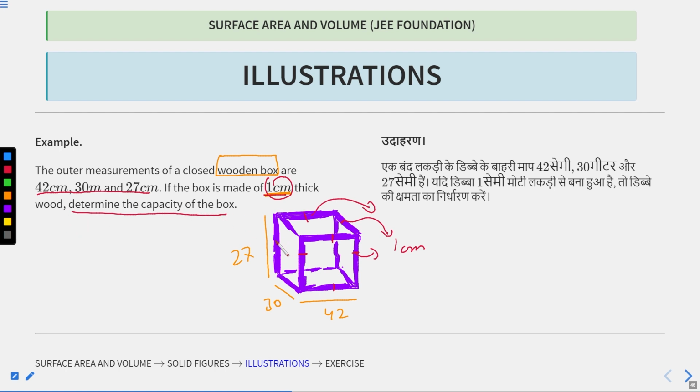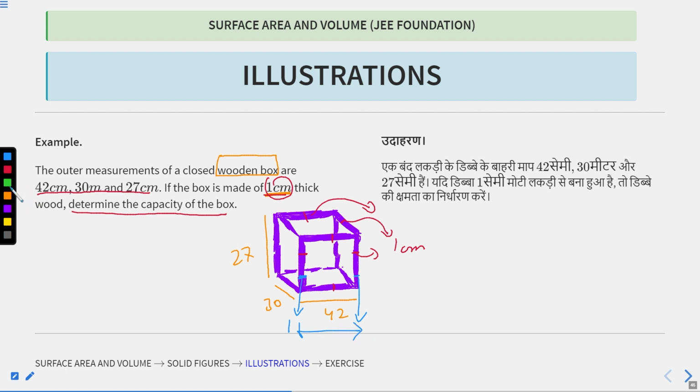Because the outer dimensions are given, if you are putting anything inside this box, you are using the inner cuboid. So to find out the capacity of the box, we have to find the inner cuboid dimensions. This is 1 centimeter, this is also 1 centimeter, and the total is 42 centimeter.